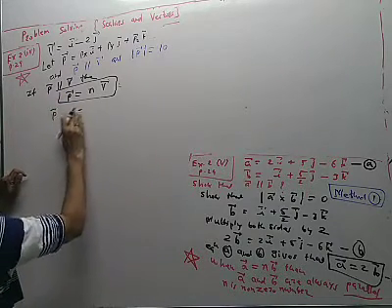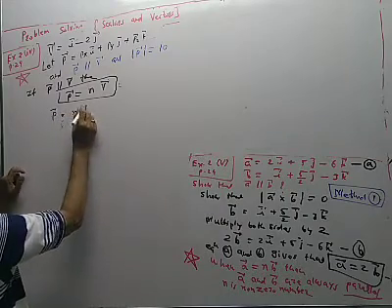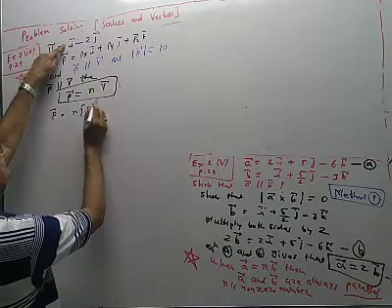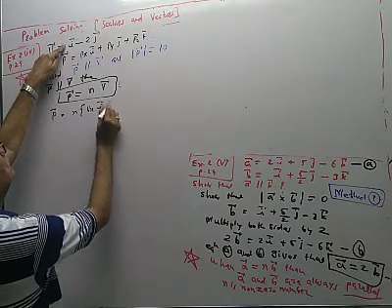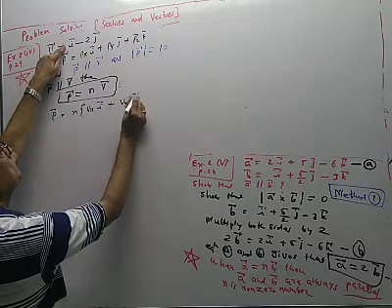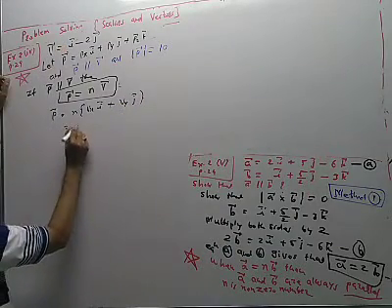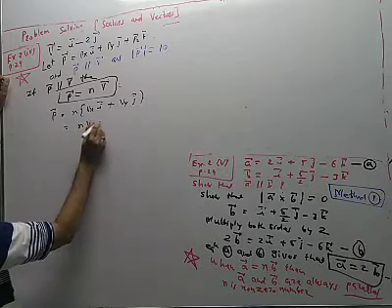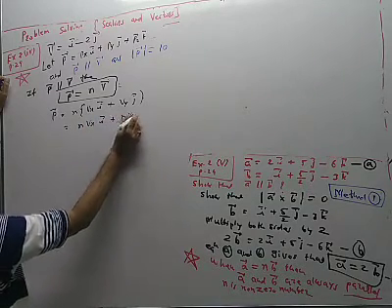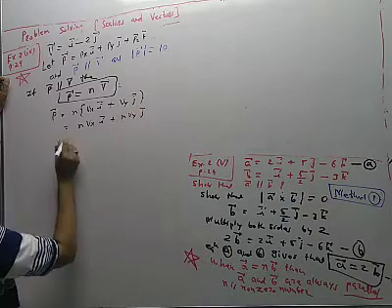Vector P is equal to n times (Vx i minus Vy plus Vy j), and therefore n times Vx into i plus n times Vy into j.